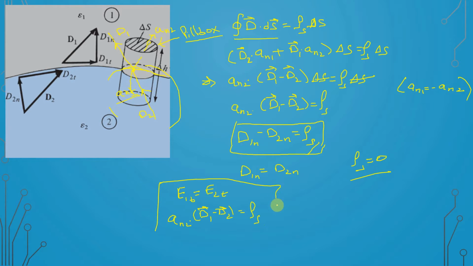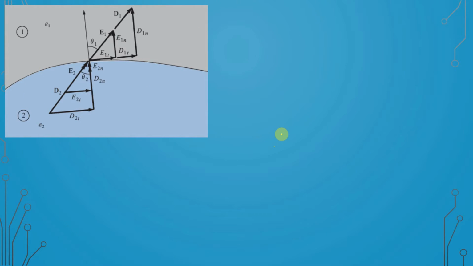So this is how the electric field intensity behaves for a dielectric interface. These boundary conditions are used to find out the behavior of the electric field at the interface of two mediums. Besides this, it is also used to determine the refraction of the electric field across the interface.